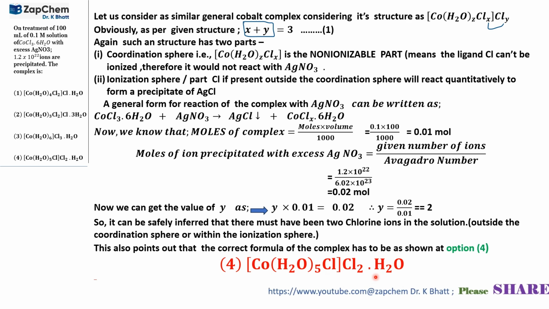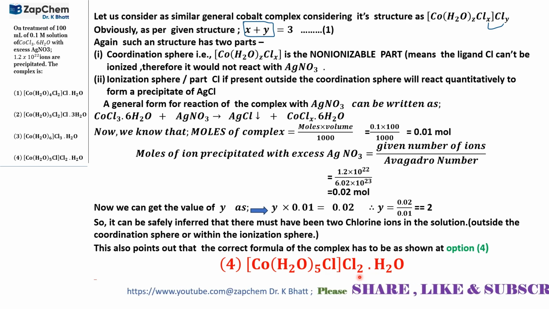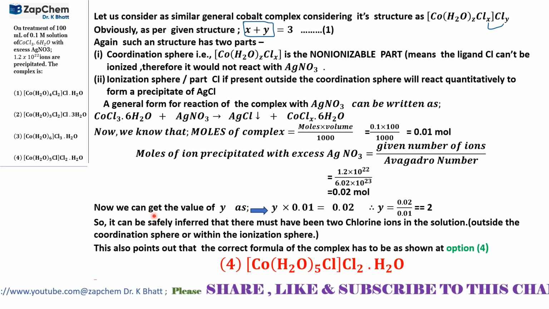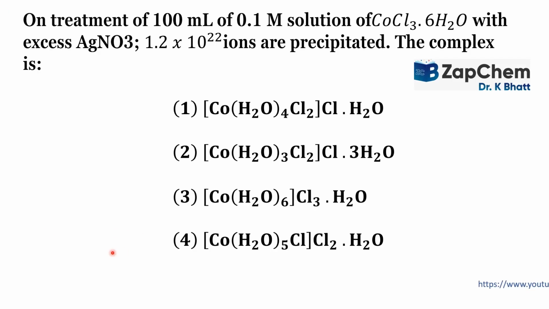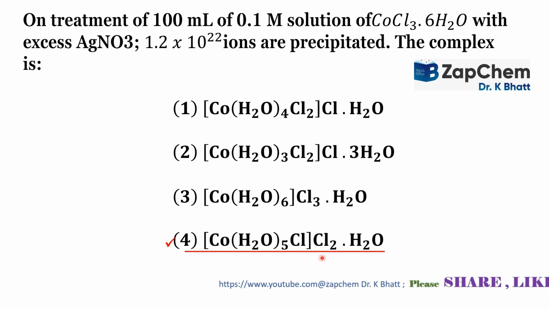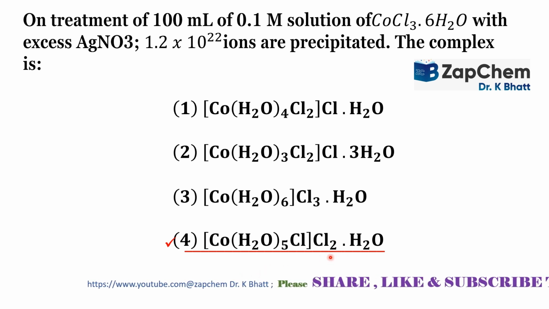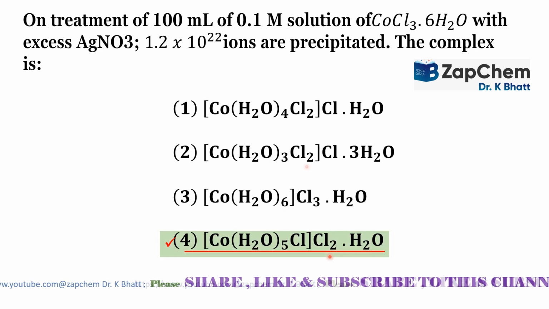That's the correct structure of the coordination compound given here. And if you look here, you will find that option 4 gives the correct answer. Option 4, that is [Co(H2O)5Cl]Cl2.H2O, is the correct structure.